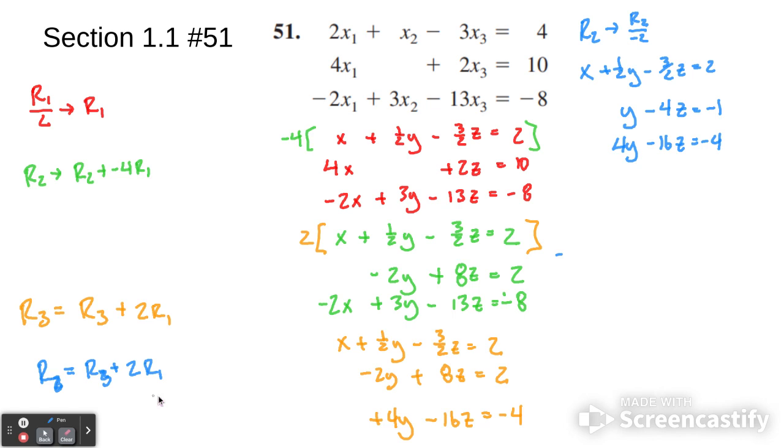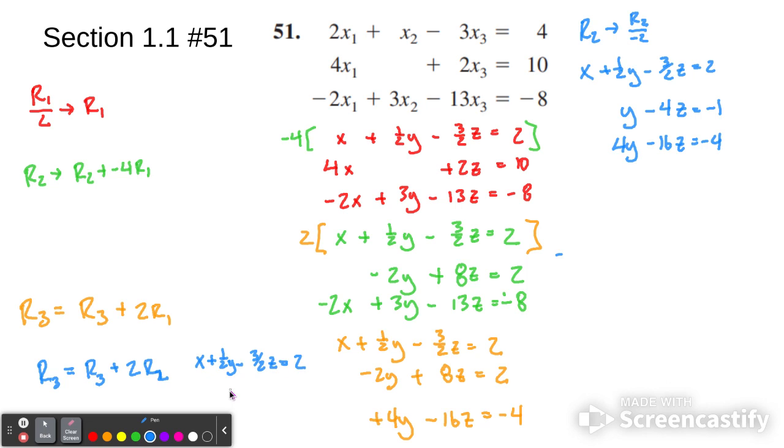So I'm just going to go ahead and do the work real quick. So that's R3 right there. Let me pull that out and erase that. Ooh, I almost hit clear all. That would have been bad. That's R3, and that's R2. Okay, so if we would have done that, the first one stays the same. So I'd have x plus 1/2 y minus 3/2 z equals 2. And then I would do 2 times this plus that.